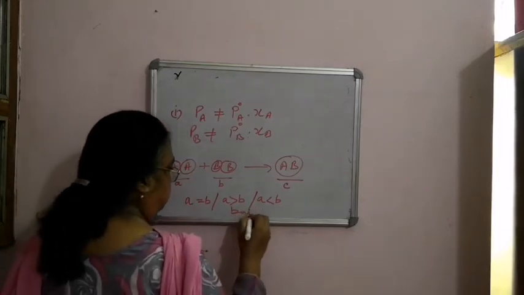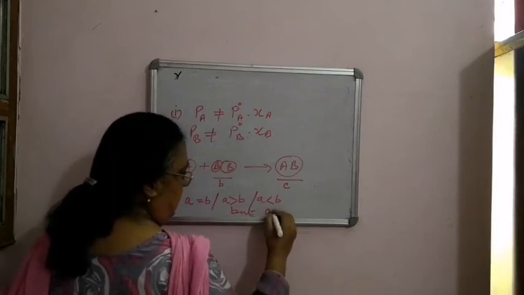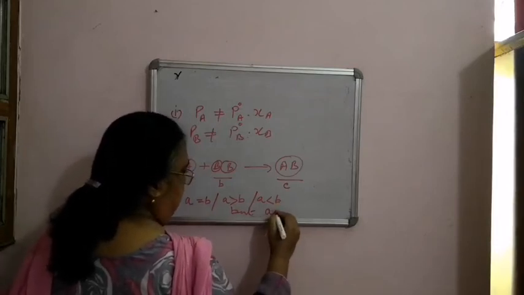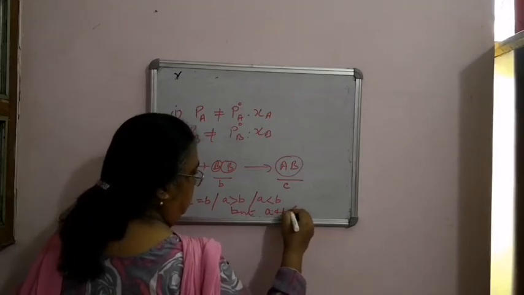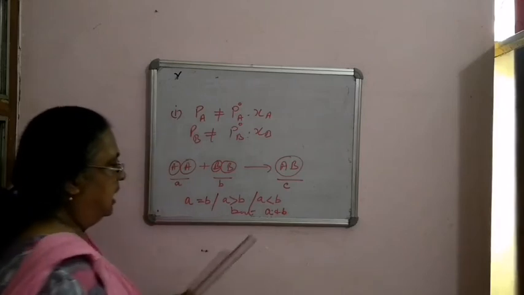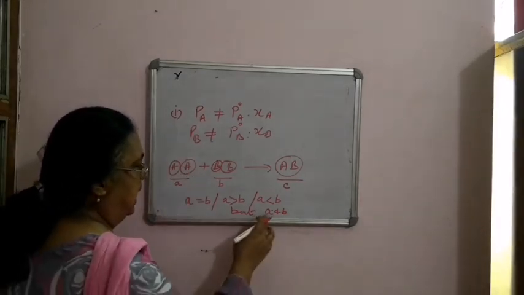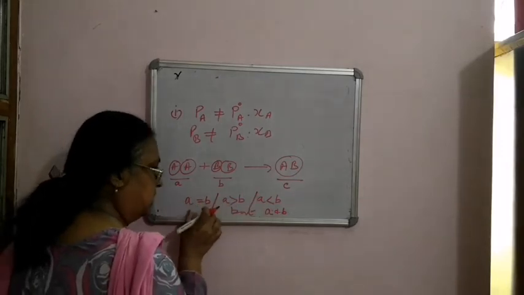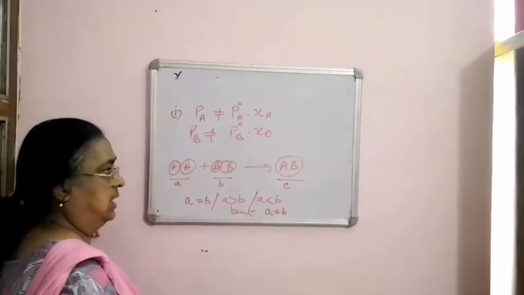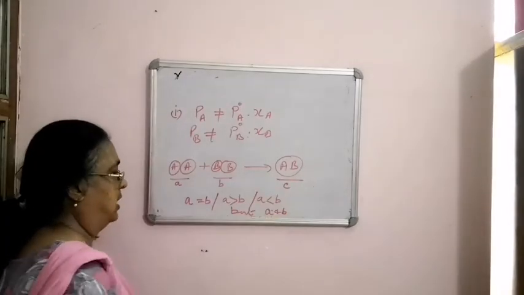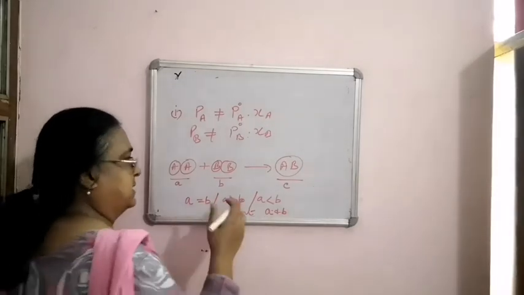But definitely, if these conditions hold, now look here. A and B is what? The interaction force of this and this. So A and B, this is the condition, A is equal to this. But when A and B are combining, the interaction force which is established here is not equal to so much, but is less than.